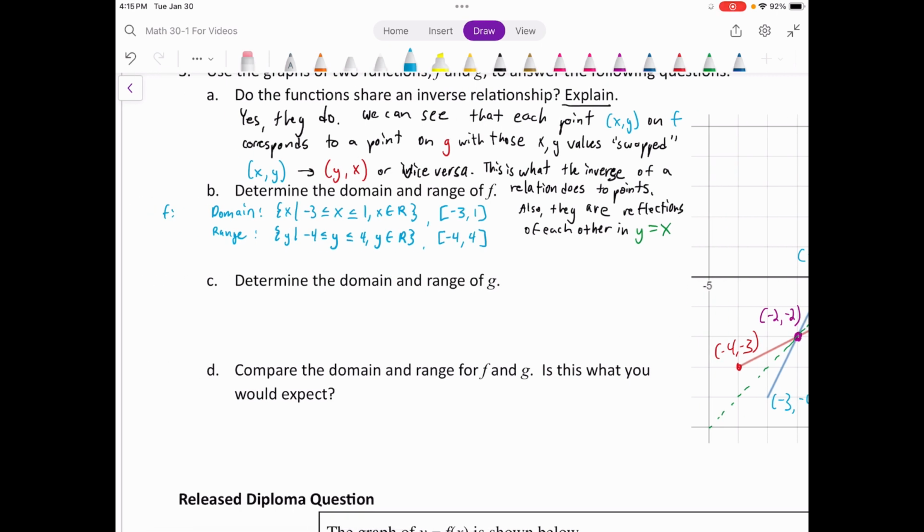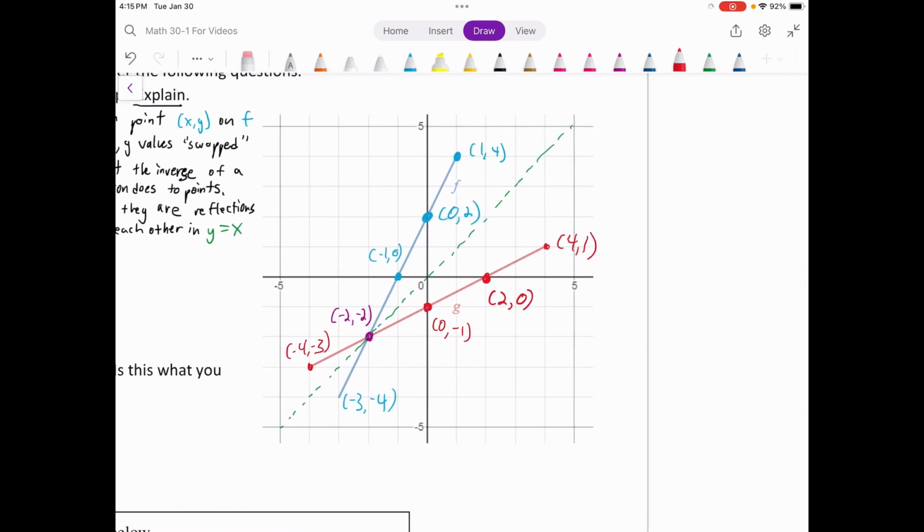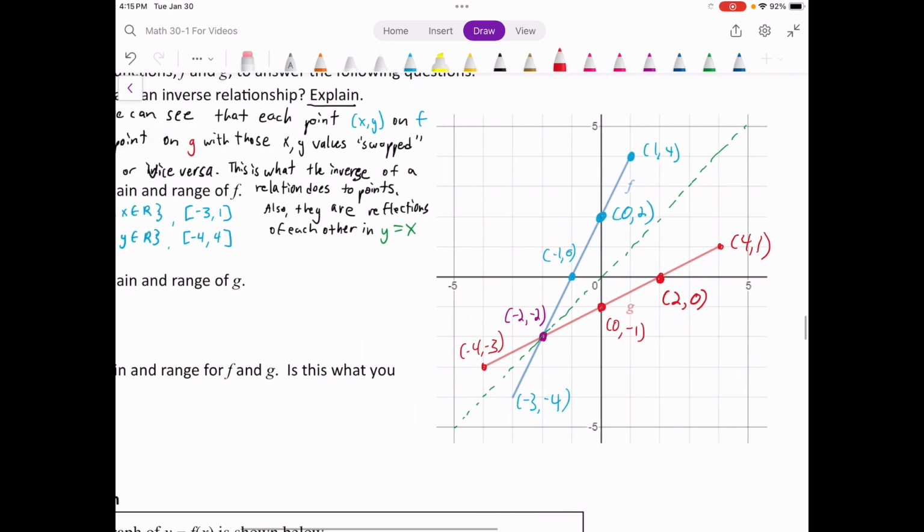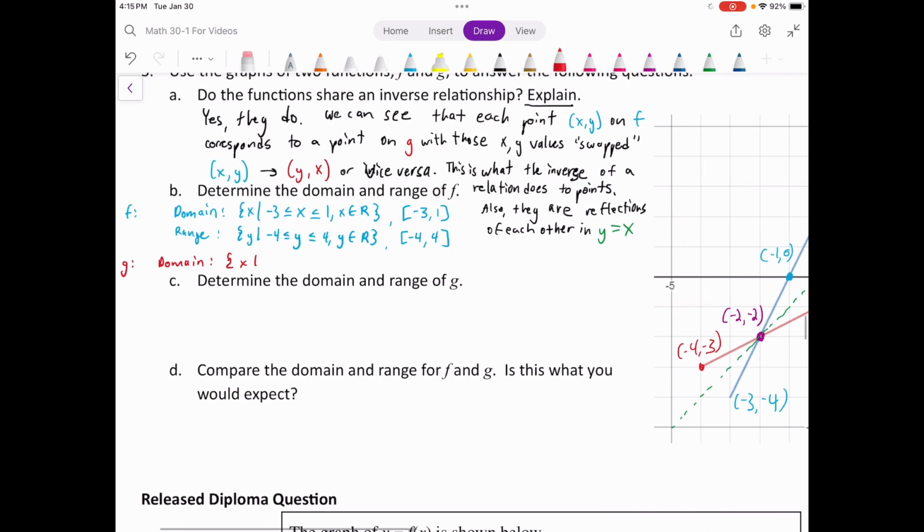Okay, what about g? Same idea for g. Might have to work sideways here a bit. My domain for g is going to be the set of all x's such that, what does g do? It goes from x being -4 all the way up to x being +4. Sound familiar to something we just talked about? -4.